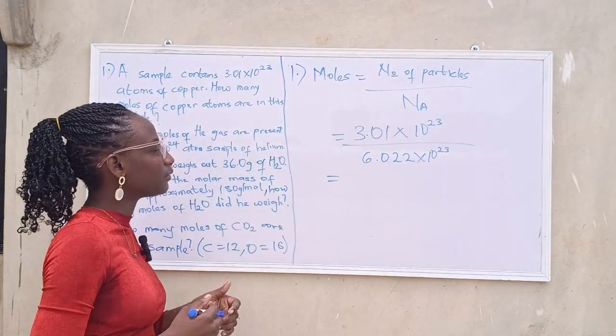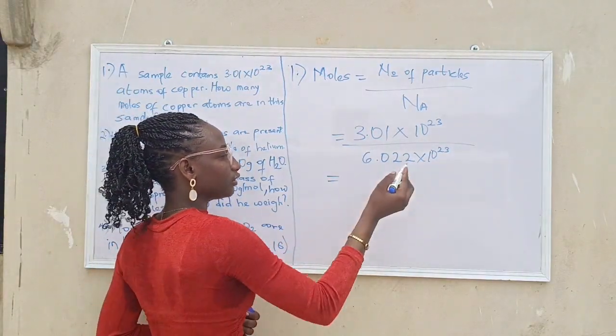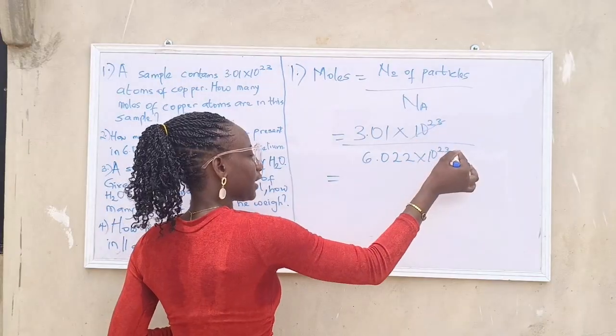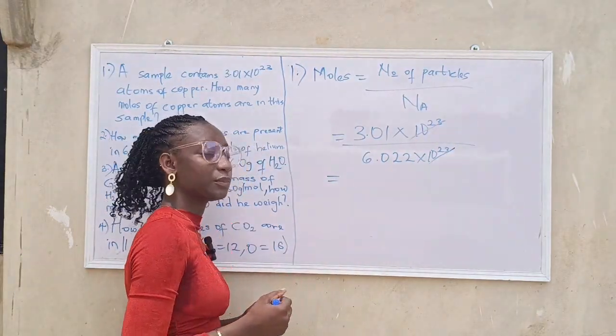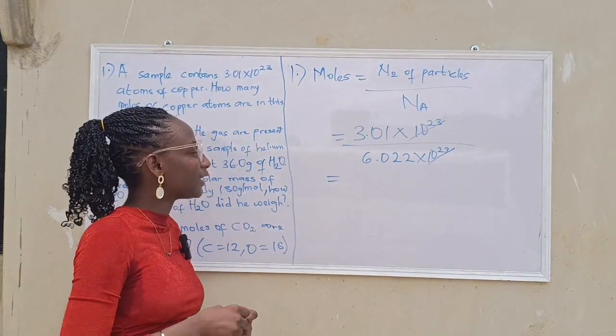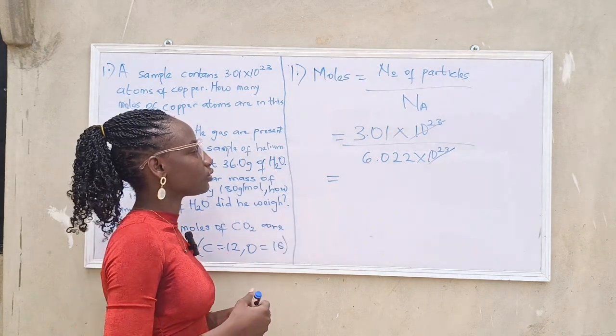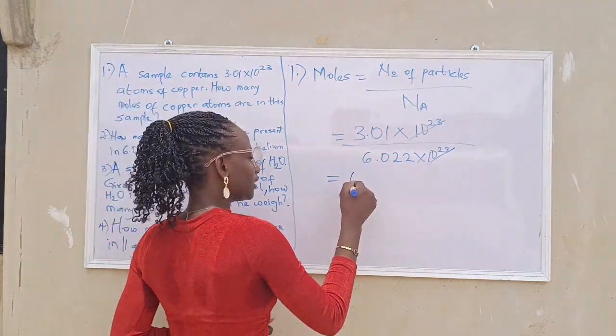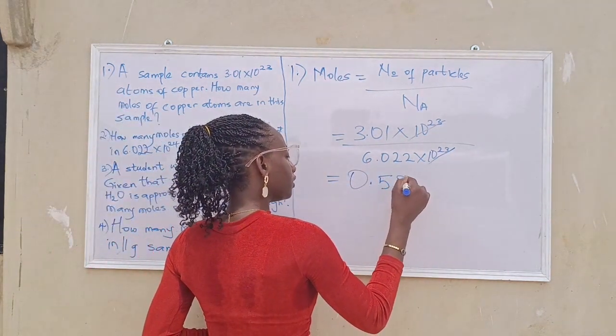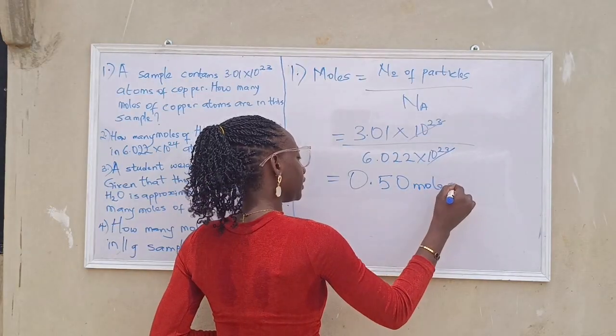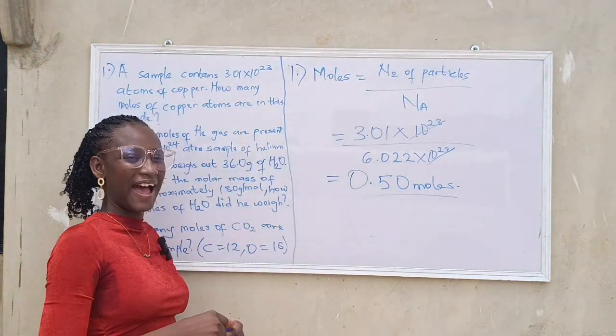If you do this in the calculator, you can see these are the same, so you can cancel them out, and you have 3.01 divided by 6.022. This is approximately 0.50 moles, and that is our answer.